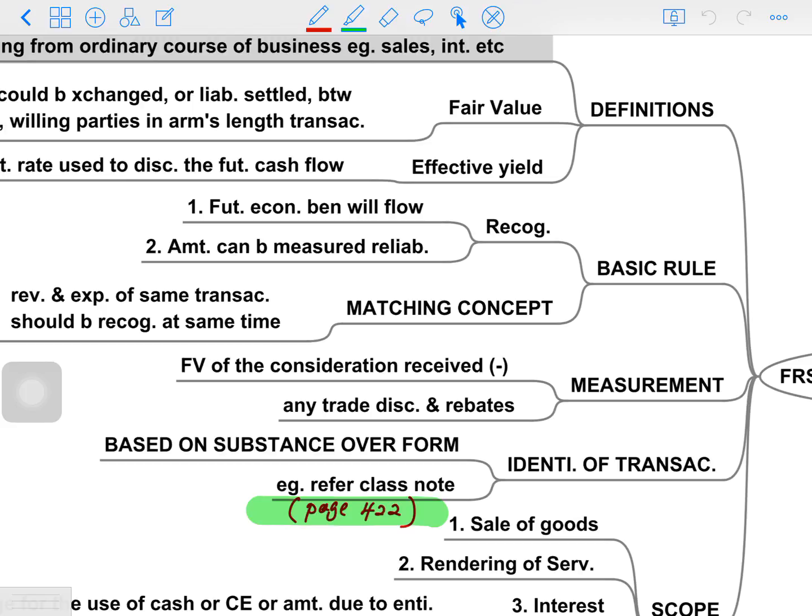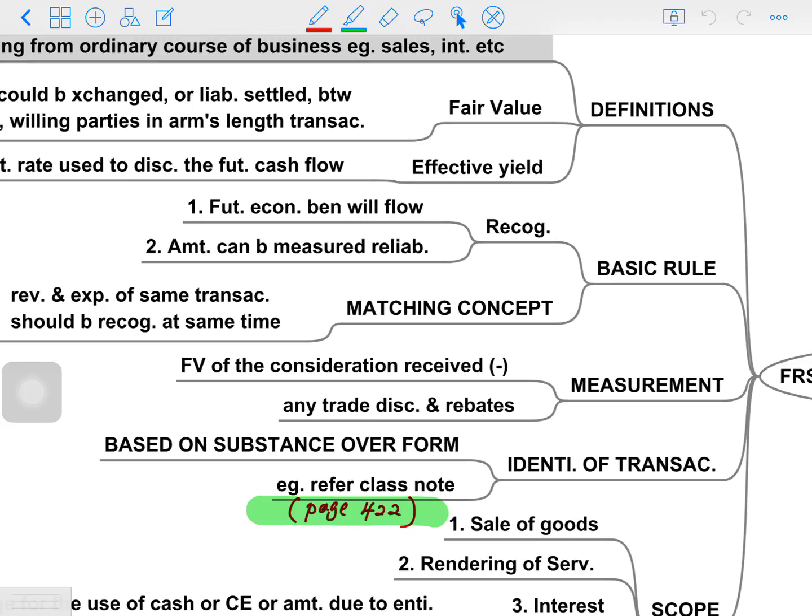Now, basic rule for revenue recognition, whatever revenue you have, whether it is interest, sale of goods, or royalties. With regard to recognition, the basic rule is that the future economic benefit will flow to your business, and the amount can be measured reliably.